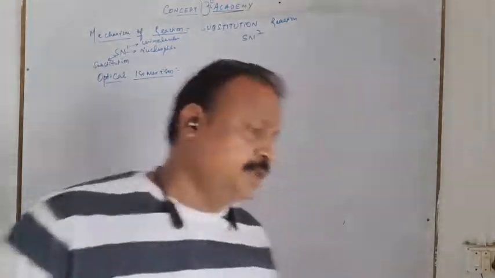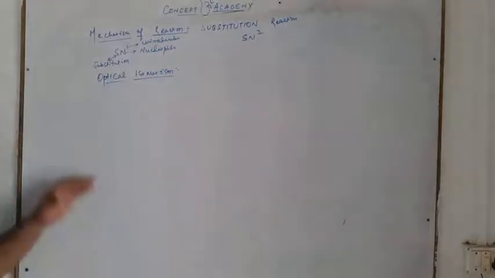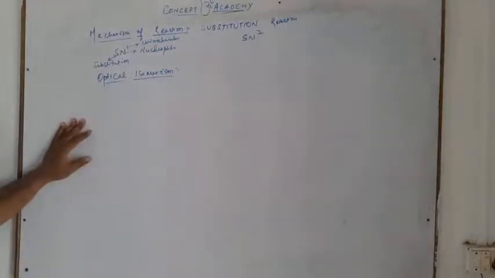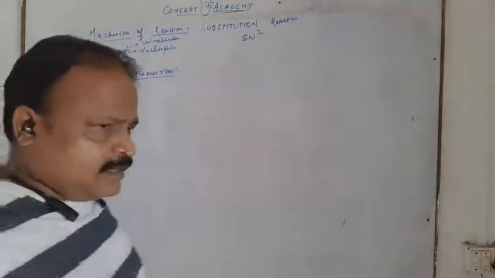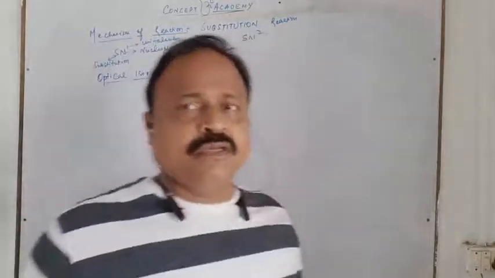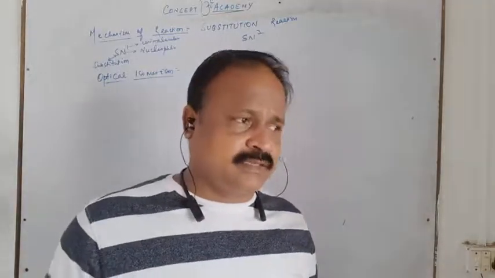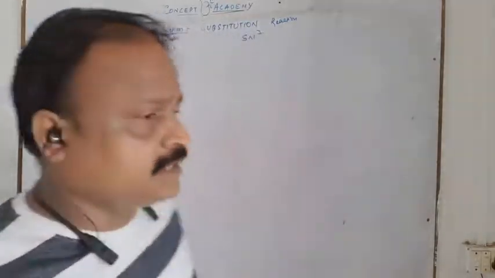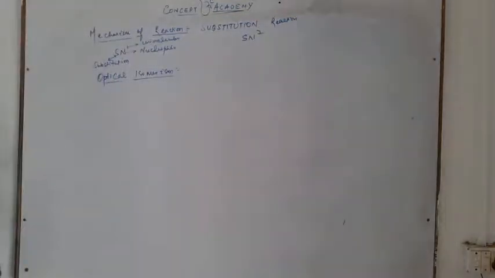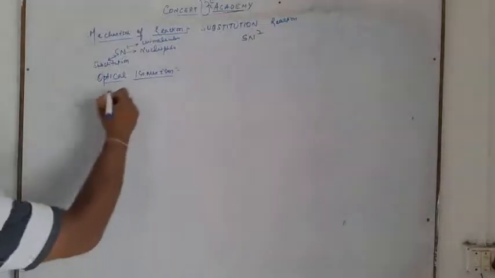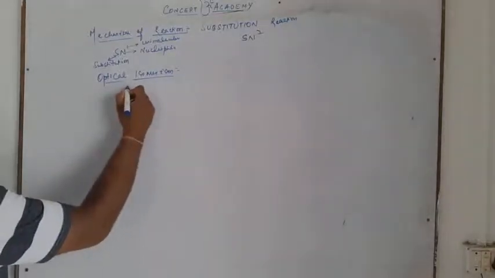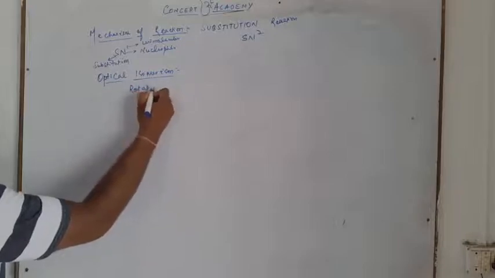Okay, optically active. So in case of optical isomerism, we know that through every substance, when we pass polarized light, polarization occurs. That is the polarized light when it is passed through. Everything rotates, the substances rotate the polarized light.